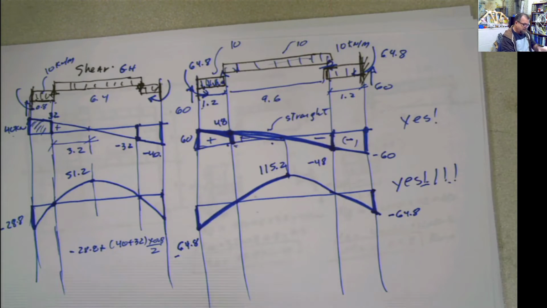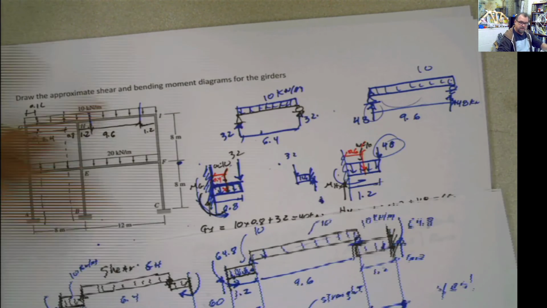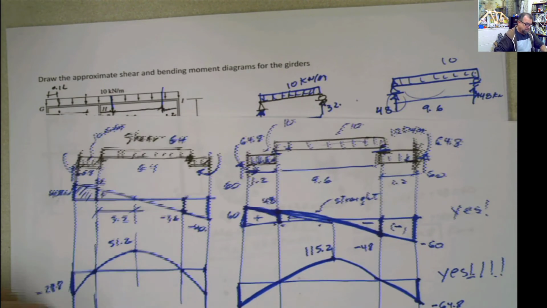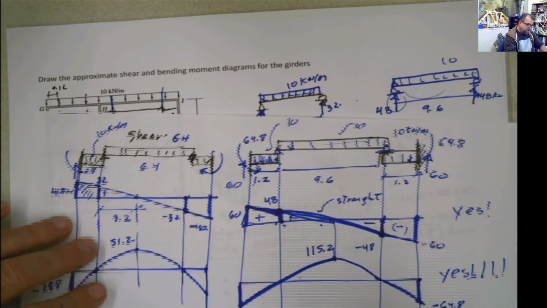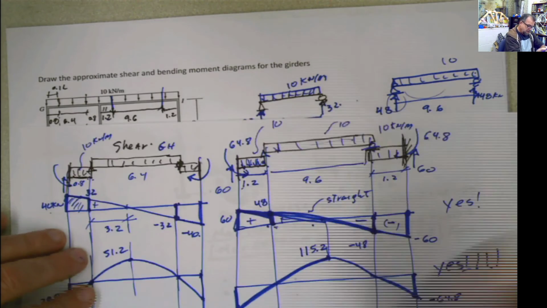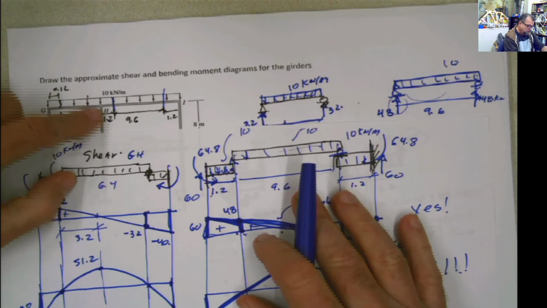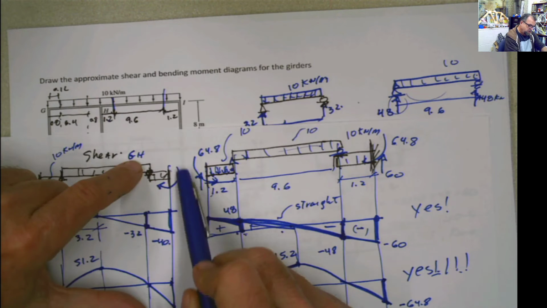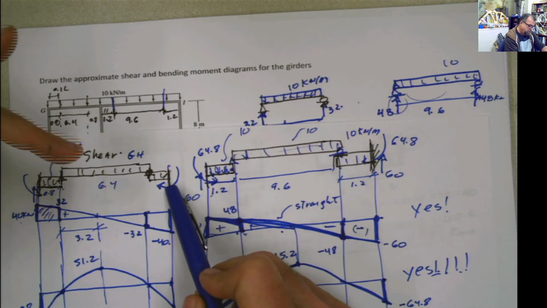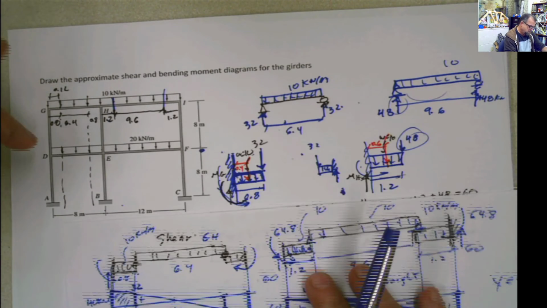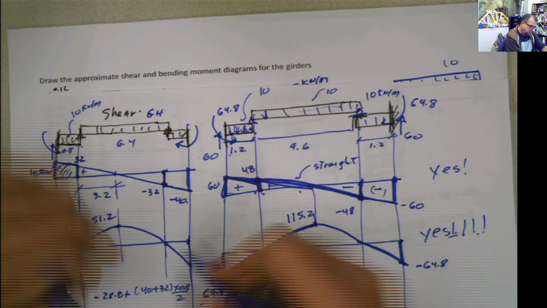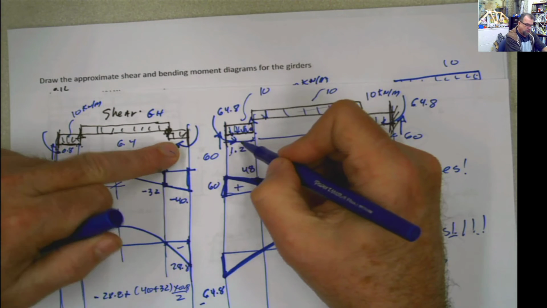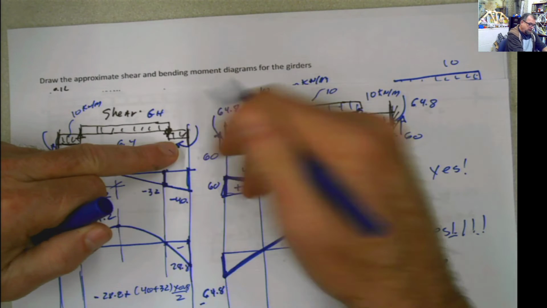Look how easy it is going from this beast to finding the shear and moment diagram for the girders. If I want to analyze the column, I can do that, because you can go to this column here at the center, to the joint H, and you can see that in the joint H I have this moment of 28.8. I have that moment of 28.8 here, and I have this moment of 64.8 in different directions.